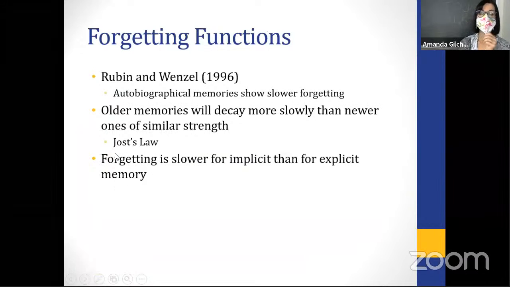So here are some other things that we know about forgetting over time. Research from Rubin and Wenzel back in 1996. Interestingly enough, autobiographical memory, which we will talk more about next week, memories that are really important to our life narrative, like our personal narrative. And we're not just talking about what you had for breakfast.